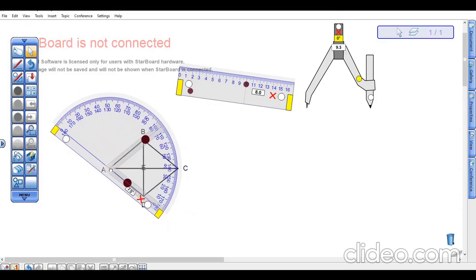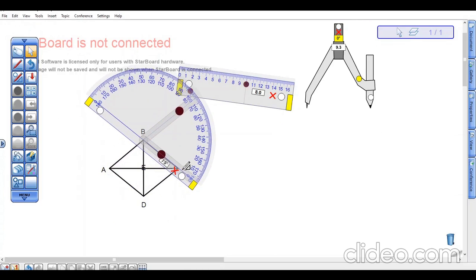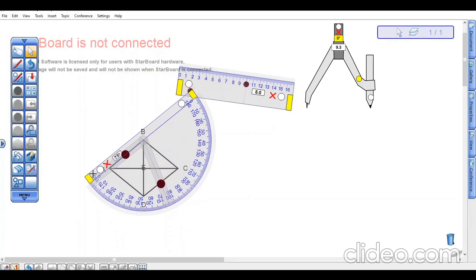This other angle here, I have to count it from right to left, is 85 degrees. Actually, sorry, let me check here, 75 degrees. This one here is going to be the same as the opposite angle to it. Let me check.